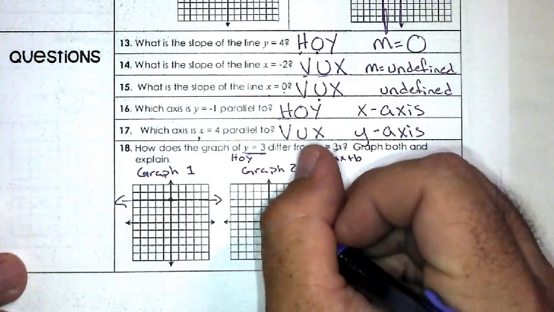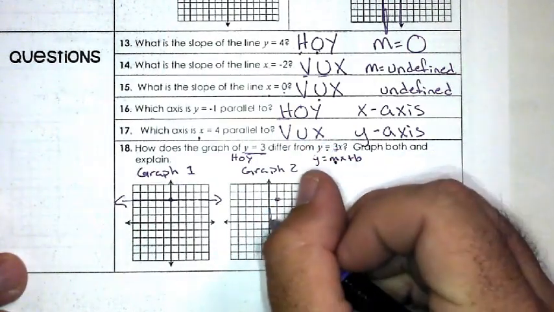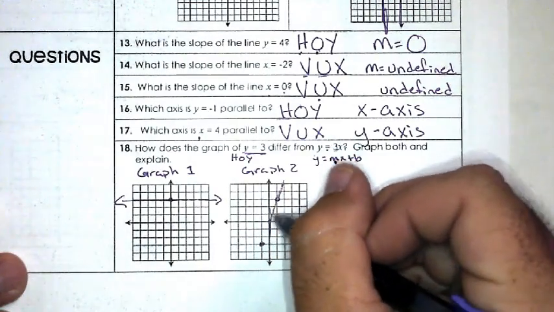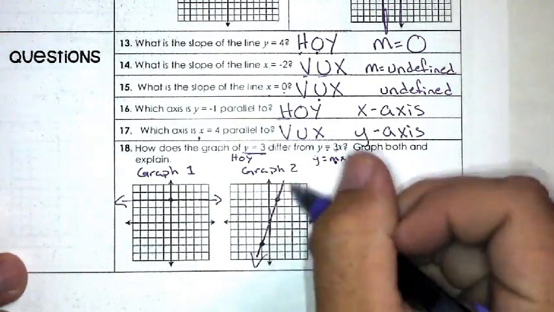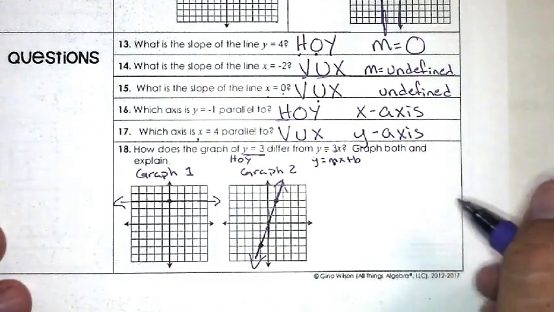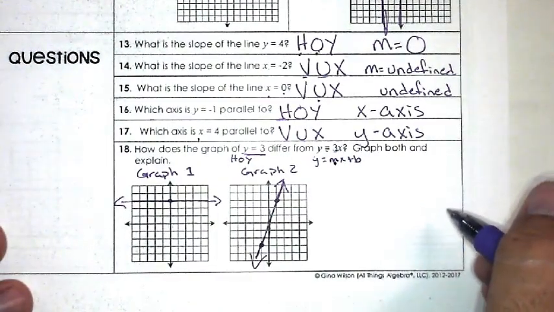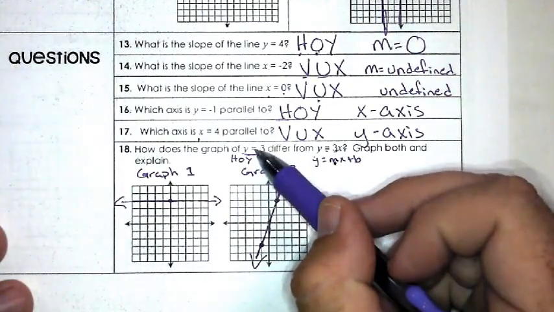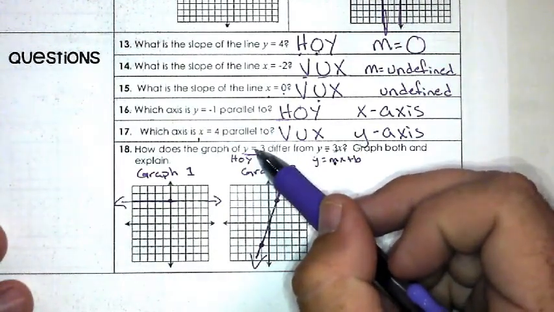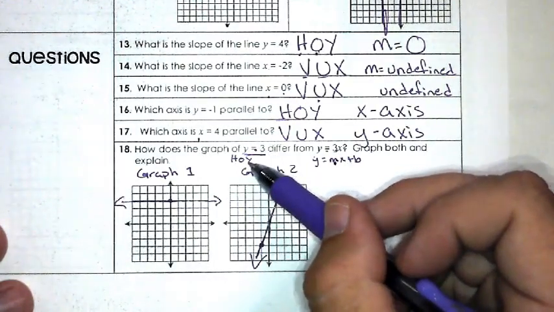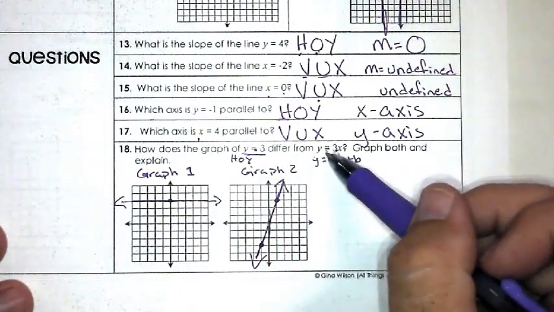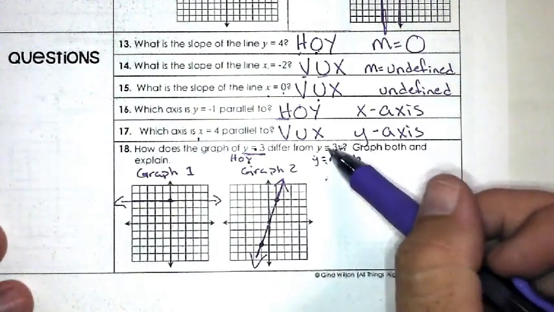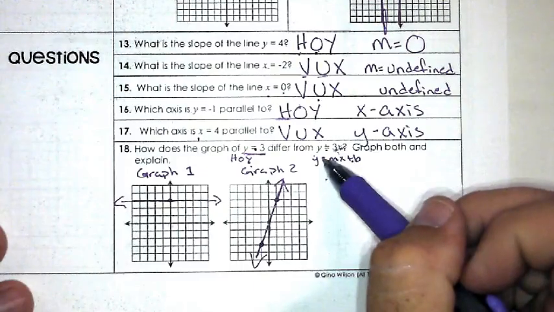This is y equals 3x, which is slope-intercept form. So 3 equals your slope. M equals 3 over 1. So I rise 3, go over 1. Now it's asking what's the difference between the two.